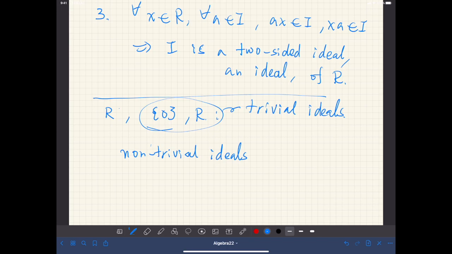So these are called proper ideals, or proper left ideals, proper right ideals, proper two-sided ideals. So ideals are similar to normal subgroups in group theory, but ideals are for rings instead of groups. Let's see an example.